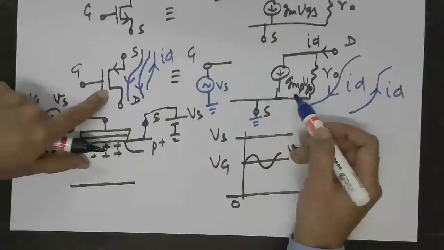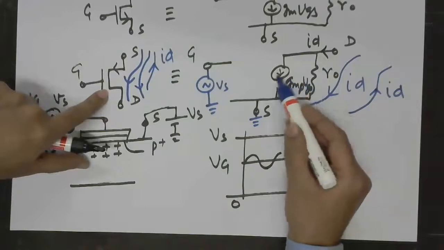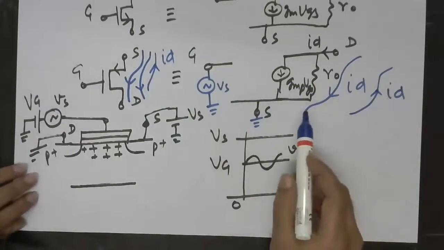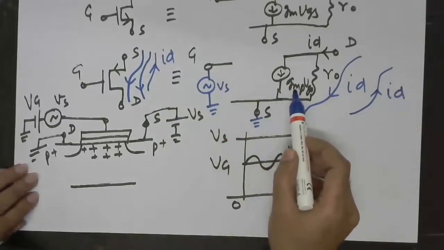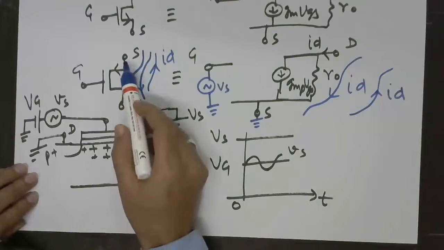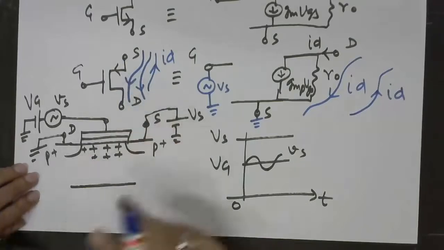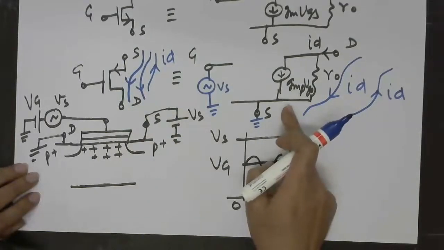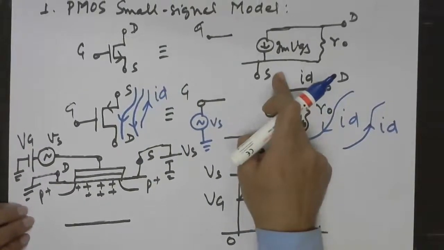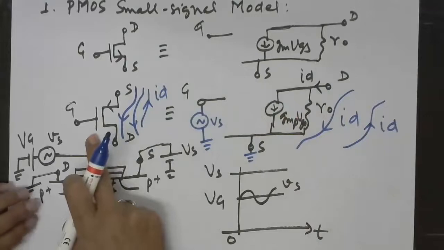And this conclusion we have right from this model also. So we see that this model gives the correct picture of what actually happens to the current between source and drain. So that is why this model, which is exactly same as that for the NMOS, is valid for the PMOS also.